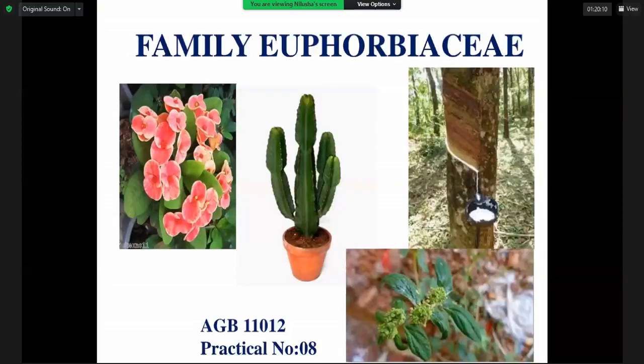Examples of this family are rubber, cactus and manioc, because this family has this special character of latex.